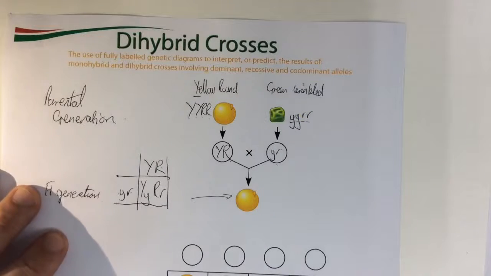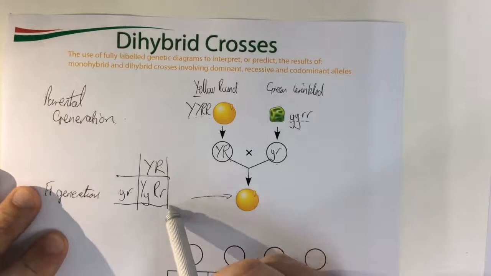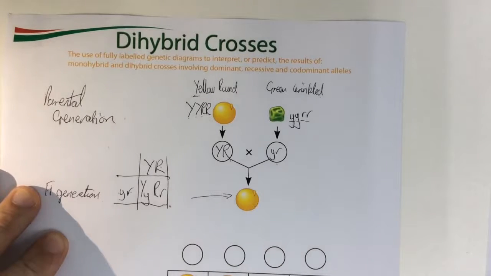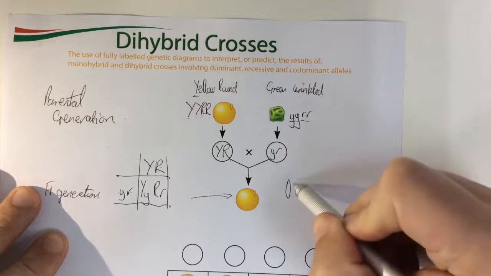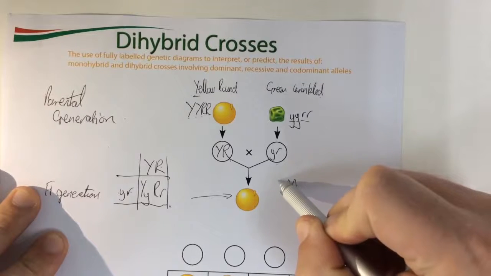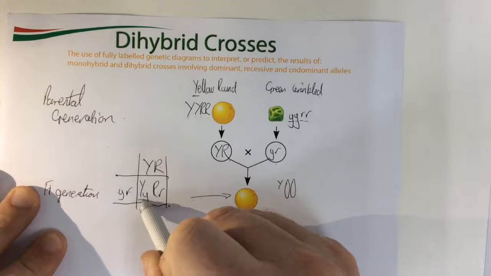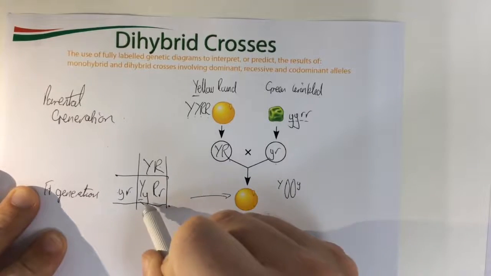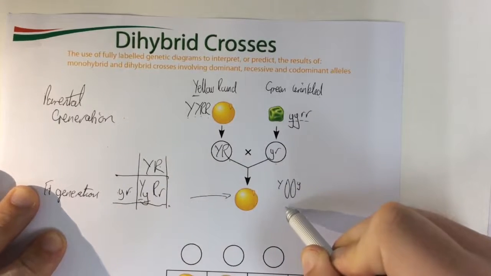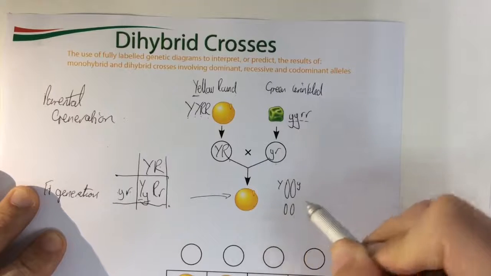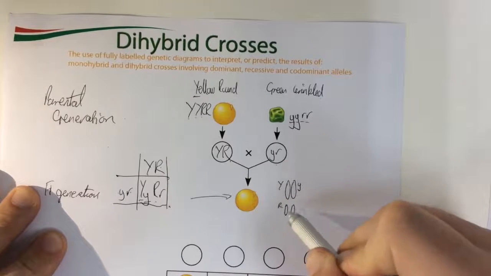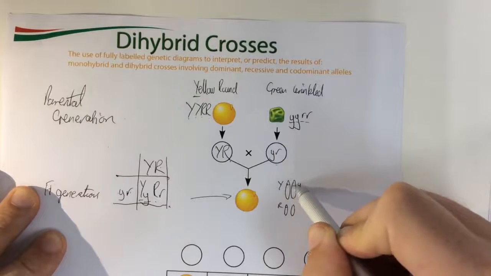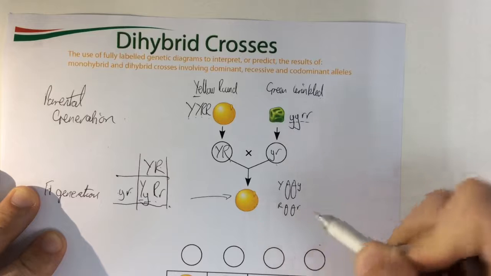If we want to represent our heterozygous seed as chromosomes during meiosis, it might look something like this. We've got a homologous pair with big Y and little y, and since there are two genes in a dihybrid cross, big R is on a different chromosome, with little r there.